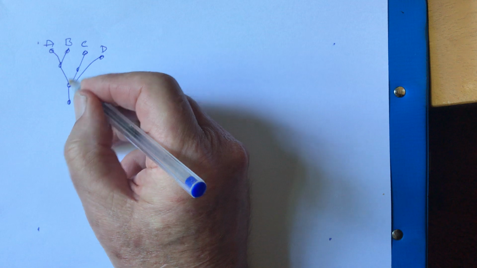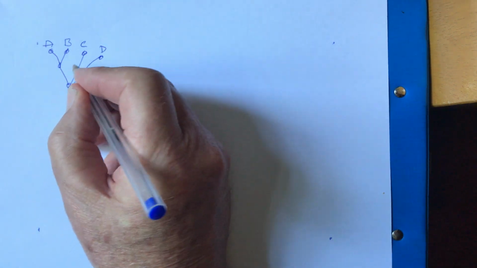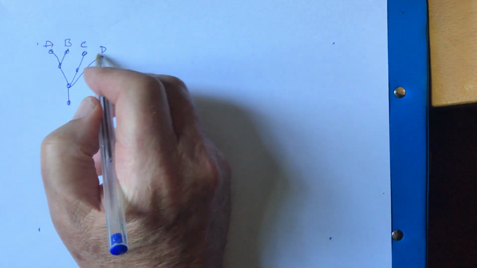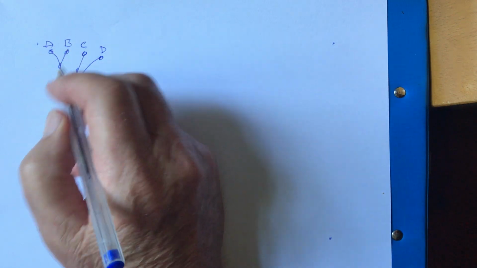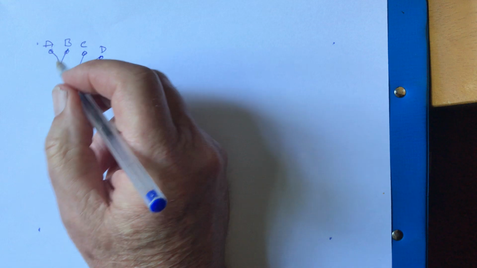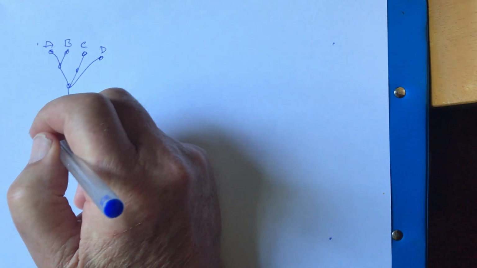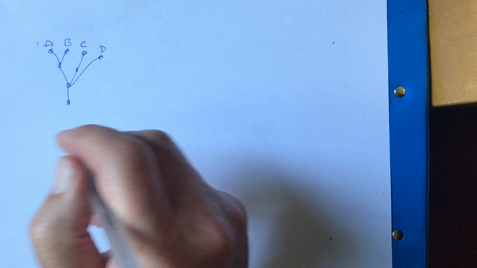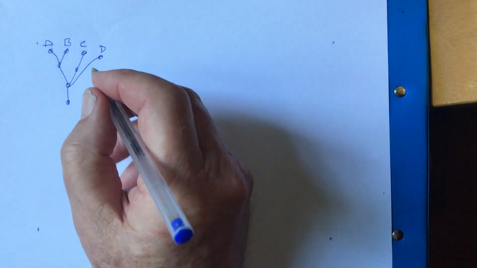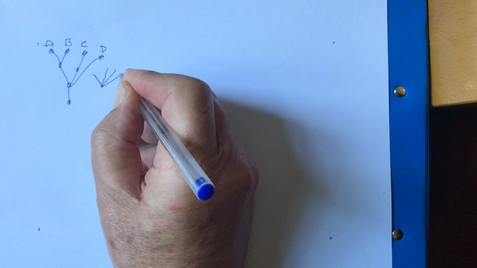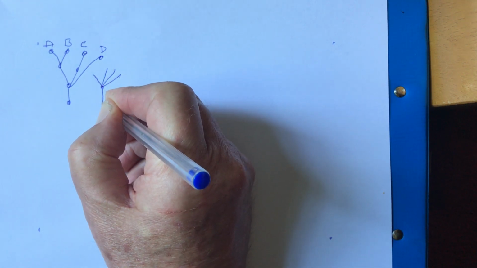These nodes may transmit truth down the tree. A, B, C, and D each can be either true or false, and they send their truth or falsity down the tree. The simple rule which tells us what gets transmitted is this.